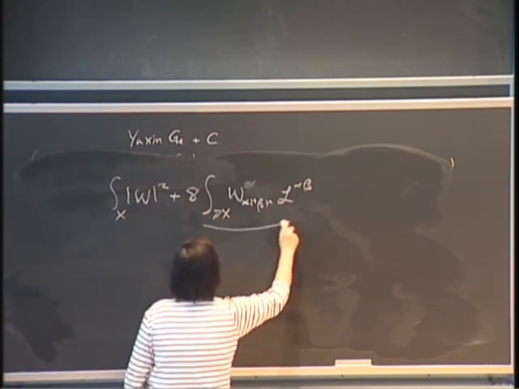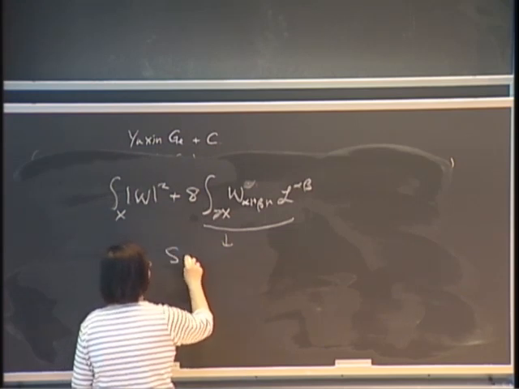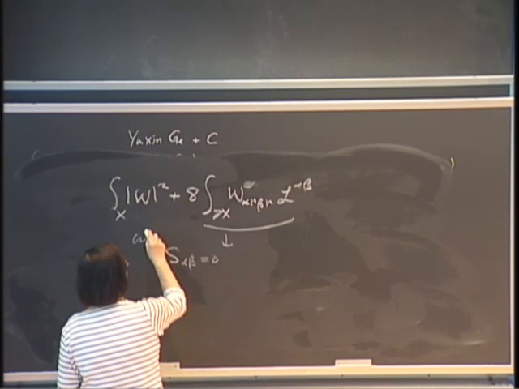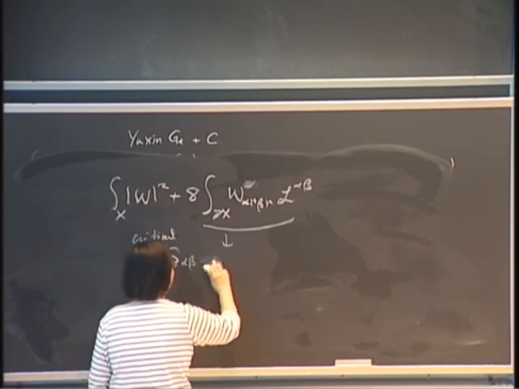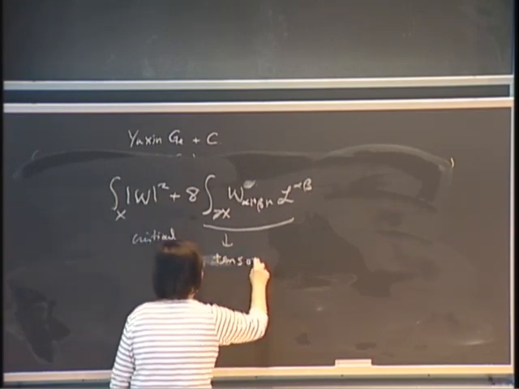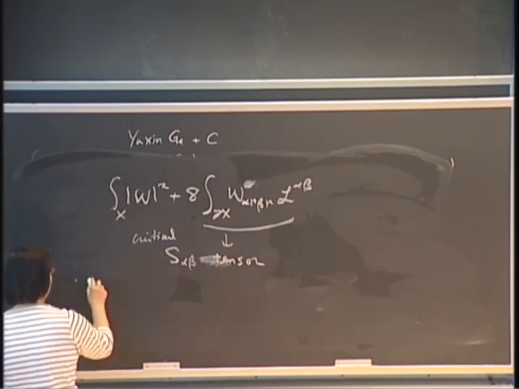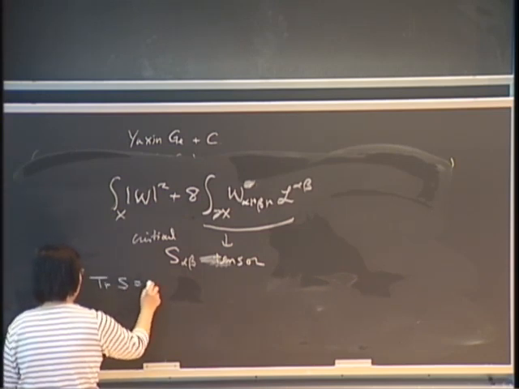And then the critical point of this corresponds to what we call S equal to 0. The critical point is the S tensor. So the S tensor is the critical curvature of that functional. A property of S is that the trace of S is equal to 0.